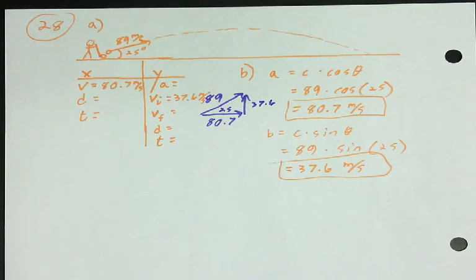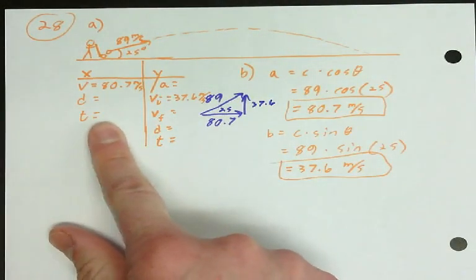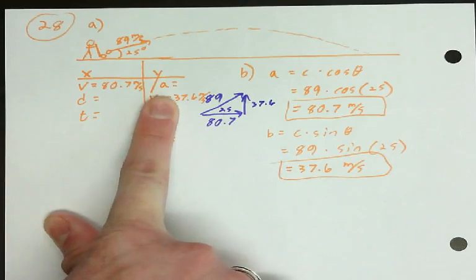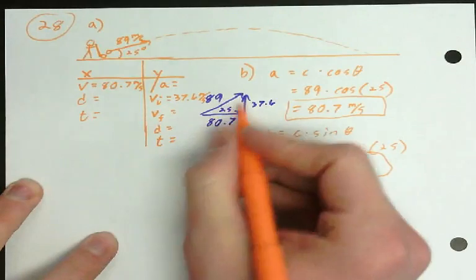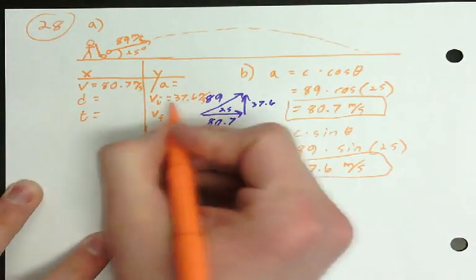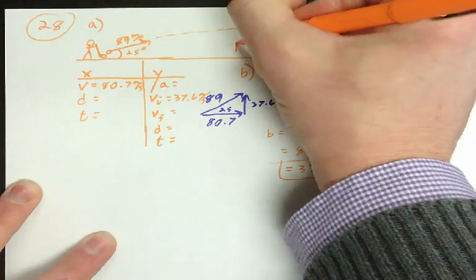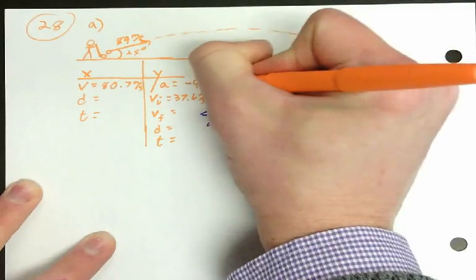Now I'm looking around, asking, are there any other things I can figure out? Well, I don't know how far it's going forward, so that's out of the question. I don't know how long it takes, so that's out too. Acceleration, I do know. The reason it's accelerating in the Y direction is gravity, and gravity is 9.8 down. It looks like I'm setting positive to be up, so positive is up, which means acceleration of gravity is negative 9.8.